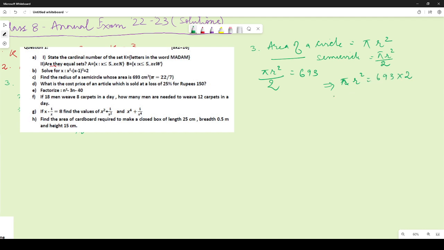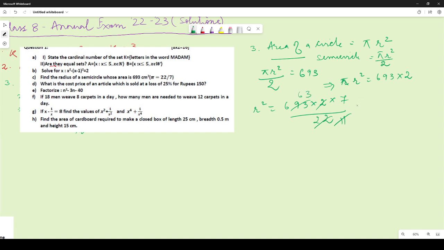Now अभी r square is equal to 693 into 2 into 7 by 22. ये उल्टा हो जाएगा, pi 22 by 7 है, ये उल्टा हो जाएगा. This is 11. Now this gives you 63.